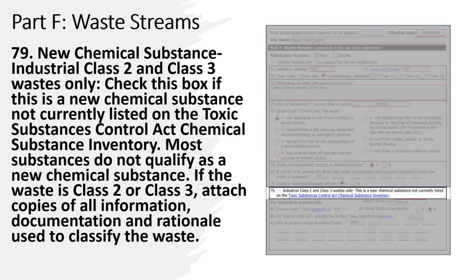Check this box if the new chemical substance is not currently listed on the Toxic Substances Control Act chemical substance inventory. Most substances do not qualify as a new chemical substance. If the waste is Class 2 or Class 3, attach copies of all information, documentation, and rationale used to classify the waste.